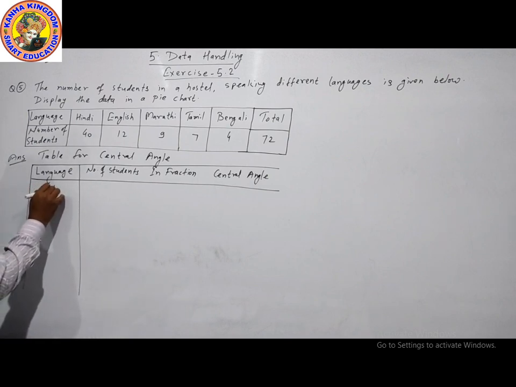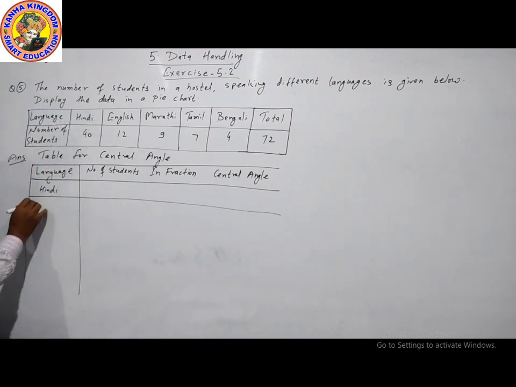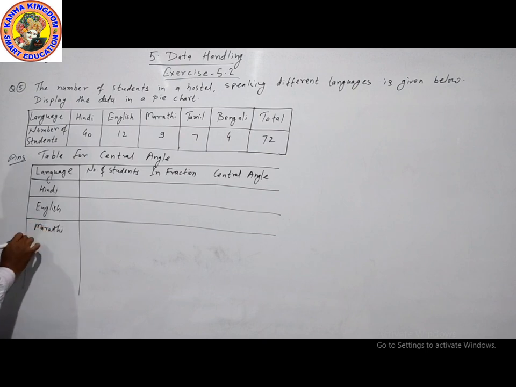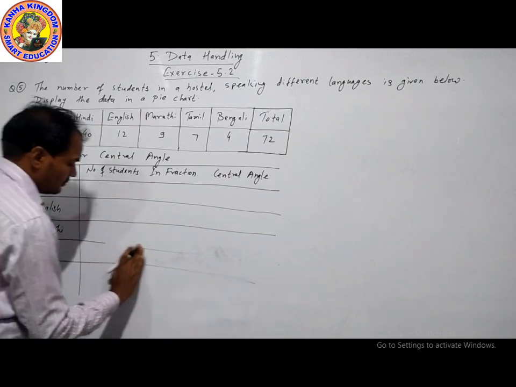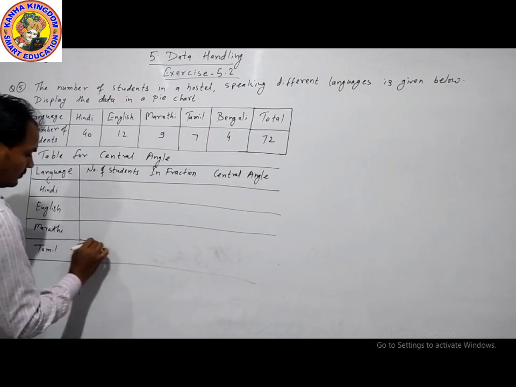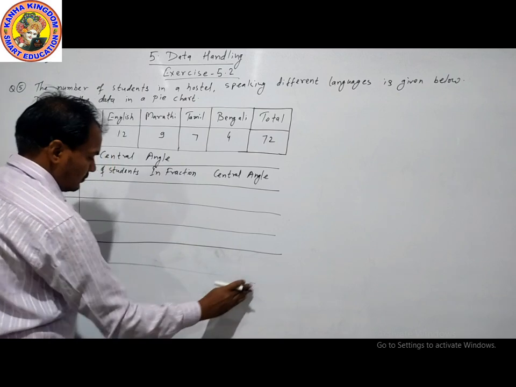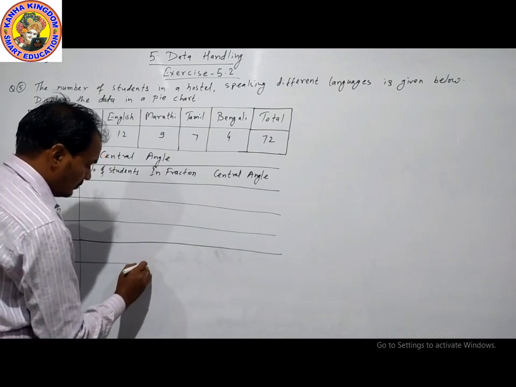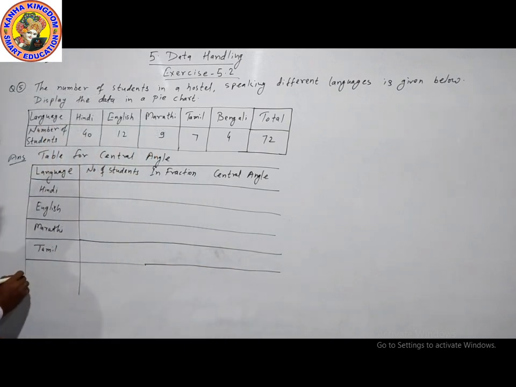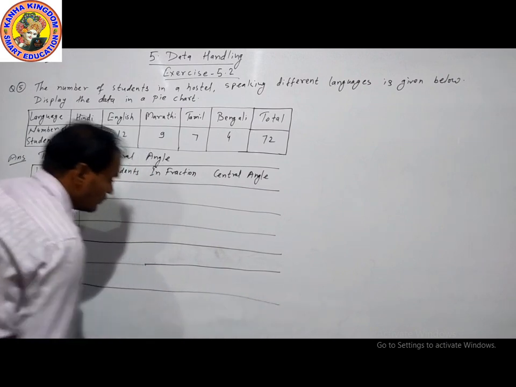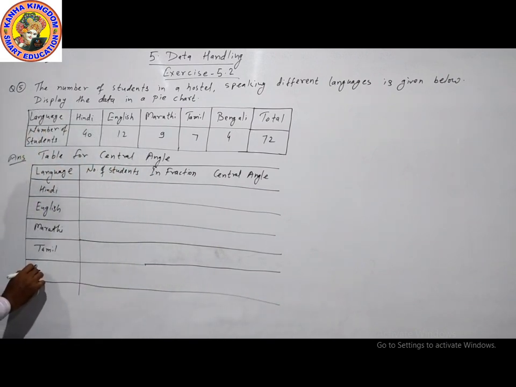Languages are Hindi, English, Marathi, Tamil, and the last language is Bengali.